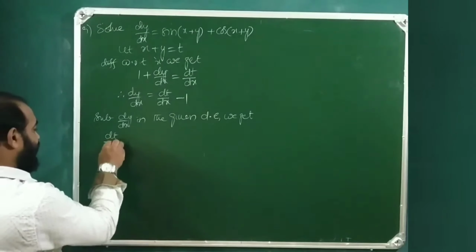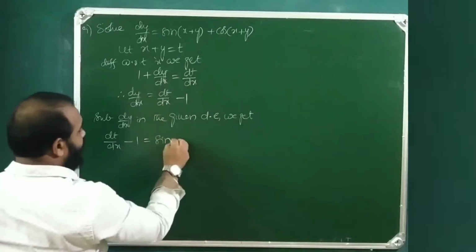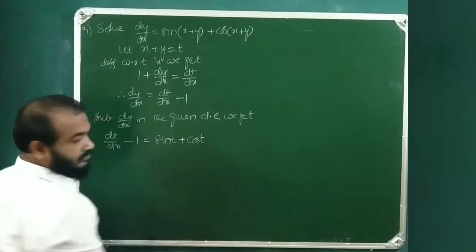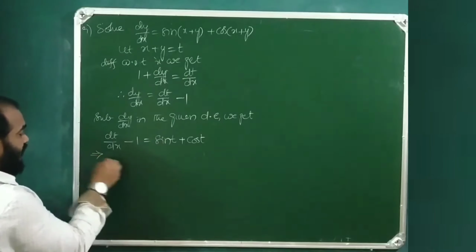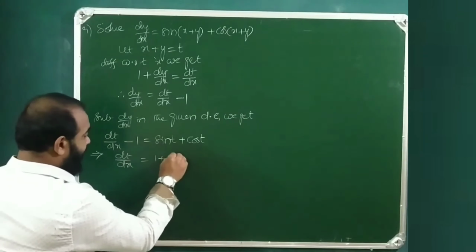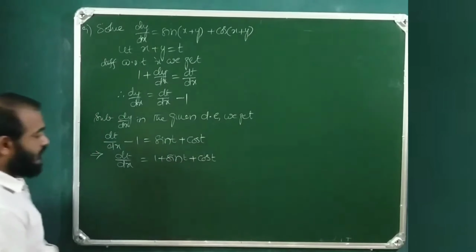So dt by dx minus 1 equals sine of x plus y, which is t, plus cos of x plus y, which is t. So dt by dx equals 1 plus sine t plus cos t.